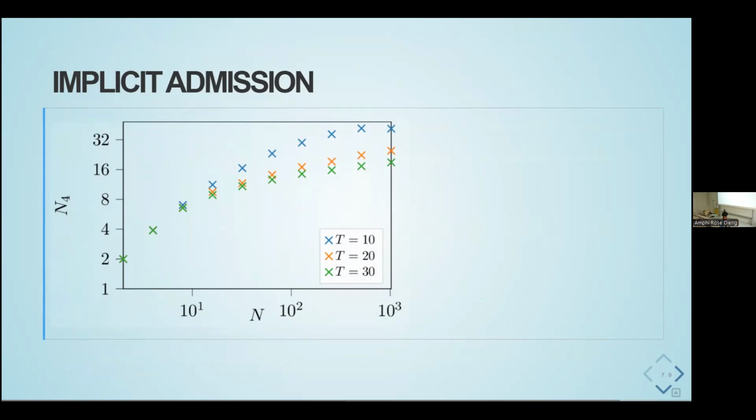But as you see, even if you consider an epoch of about 1 hour, even if you have a lot of stations, like 1,000, you manage to have a few stations that will be able to speak. So this is what we call the implicit admission control, because you can have a bunch of stations, and automatically the system will select a few of them to be able to speak, while the others will be frozen.